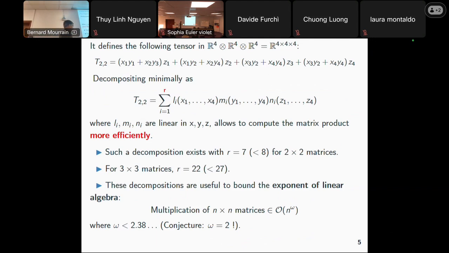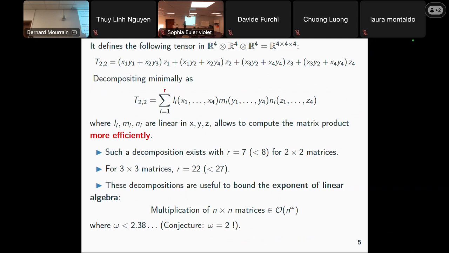And so this technique is employed to answer this open question, which is what is the complexity of multiplication of n by n matrices?